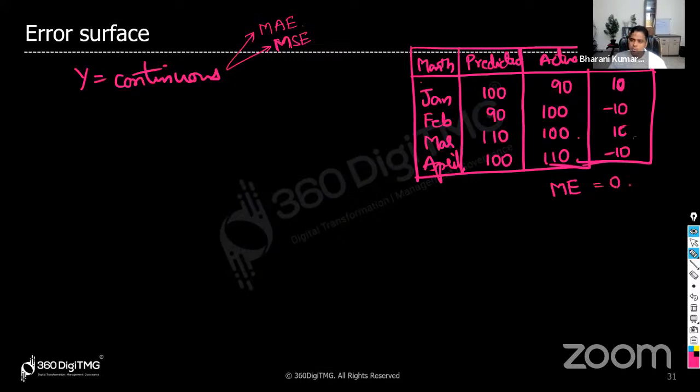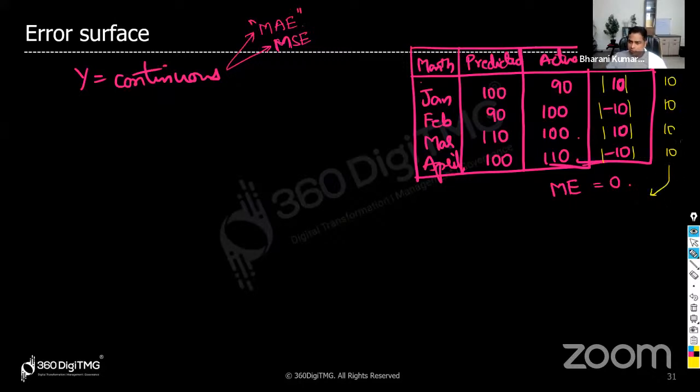To counter this problem, people came up with mean absolute error. So the expectation here is that you take the absolute values and you get 10, 10, 10, and 10. Right?